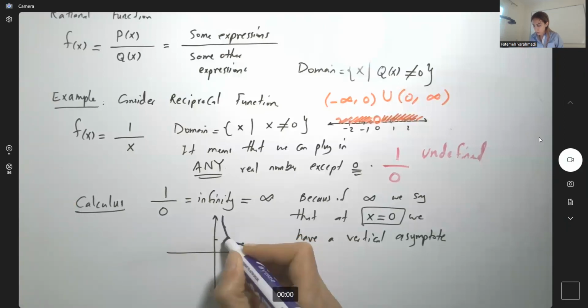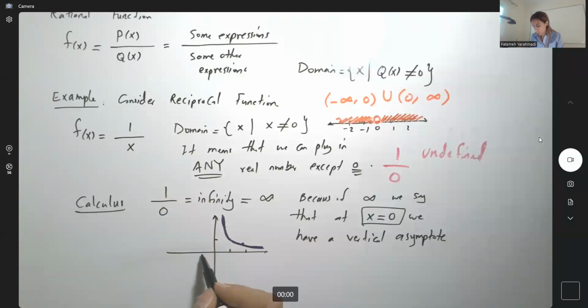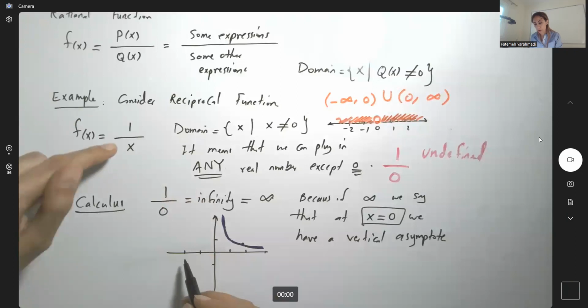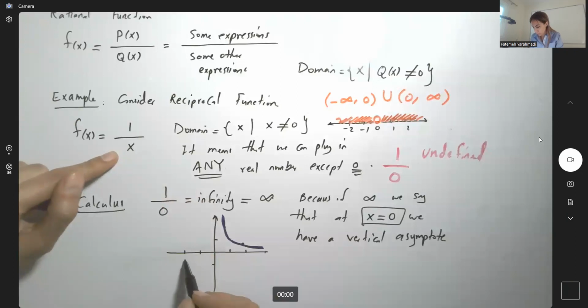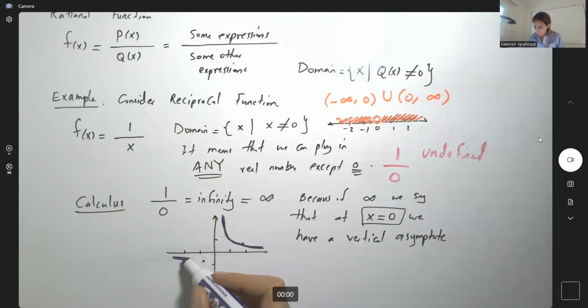The other part of the graph, if I plug in, for example, negative 1, 1 divided by negative 1 is negative 1. If I plug in negative 2, I get 1 over negative 2, which is going to be right here. If I plug in negative a half, I get negative 2 back. So if I connect these points, this is the graph of this function.